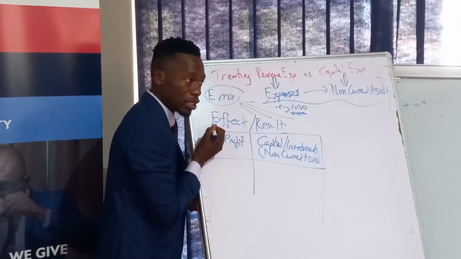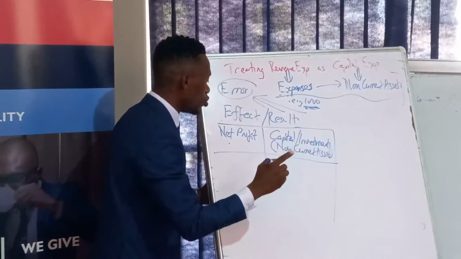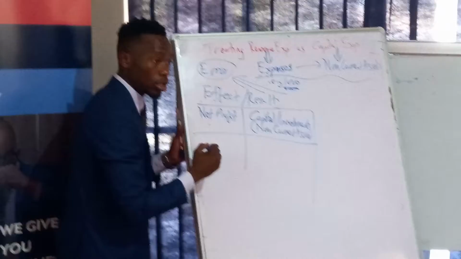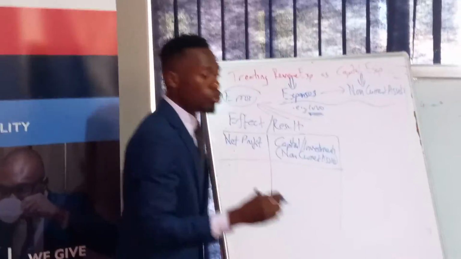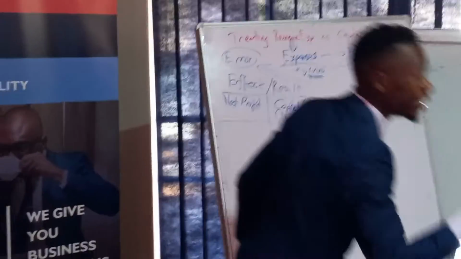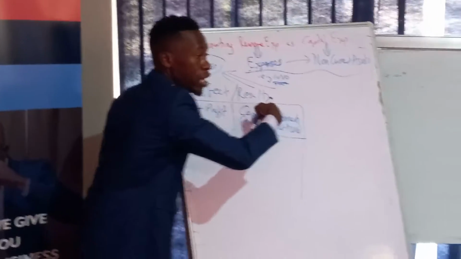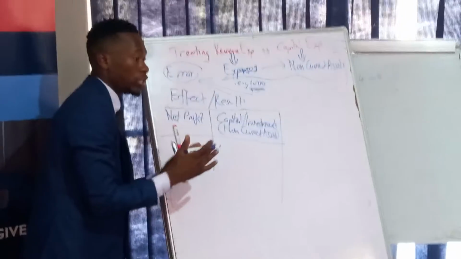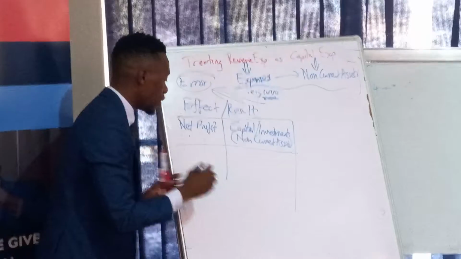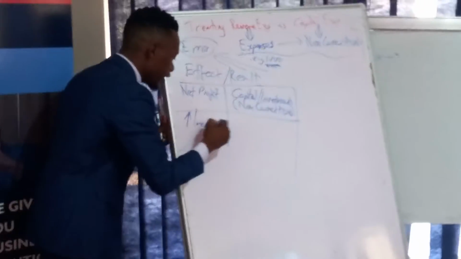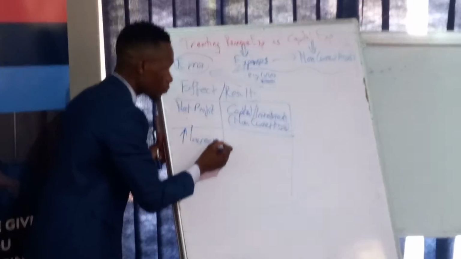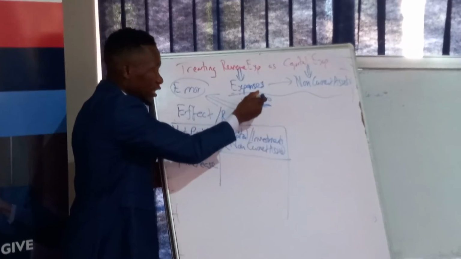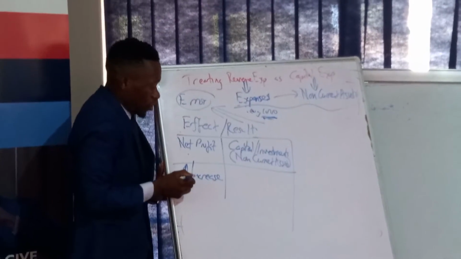Let's start with the effect. Yes, thank you. The profit will what? Will increase because you have not recorded that expense in the expenses. Meaning that there is a shortfall on the expenses. The profits will increase. You understand? It was not recorded in expenses, therefore the profits will increase.